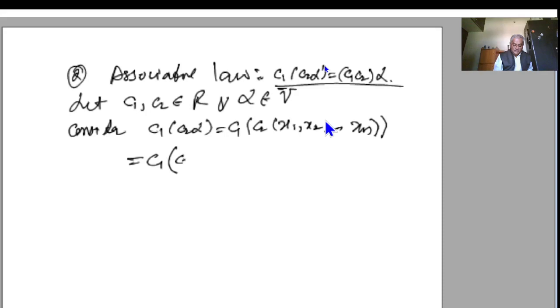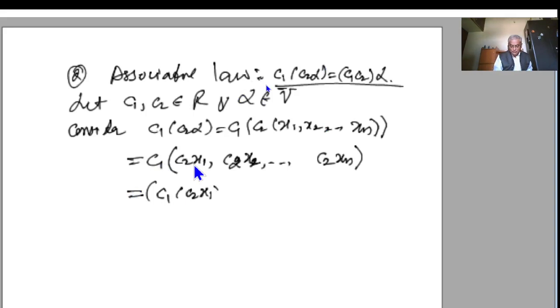This is c2 x1, c2 x2, c2 xn. Again I will take c1 inside. We can write this as c1 into c2 x1, c1 into c2 x2, c1 into c2 xn.